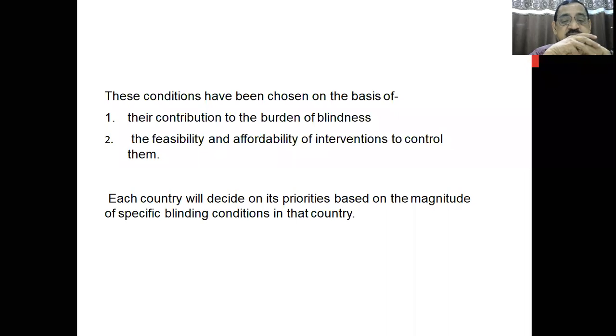So every country will have to decide their own priorities based on the magnitude of specific blindness conditions in that particular country. Onchocerciasis is not prevalent here, but cataract and other things are more prevalent. In the United States of America, age-related macular degeneration and glaucomas are more prevalent. So depending upon it, each country will have to decide its priorities.